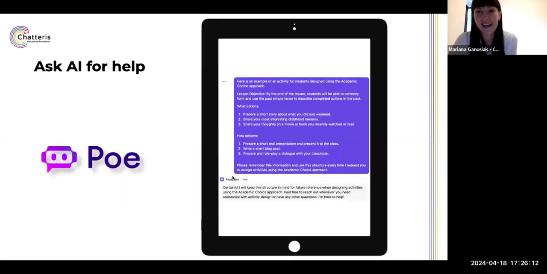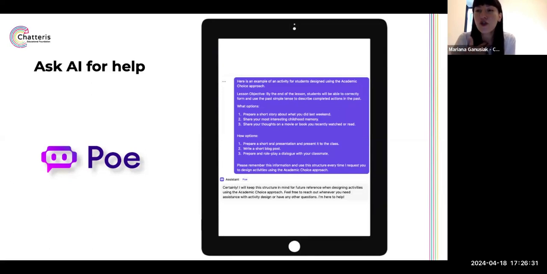And ask AI for help if you don't have time to even think about all of the different options. I personally use Poe AI bots, but you can use absolutely any AI bot to help you with this task. What's important with these very specific strategies is to set it up first.